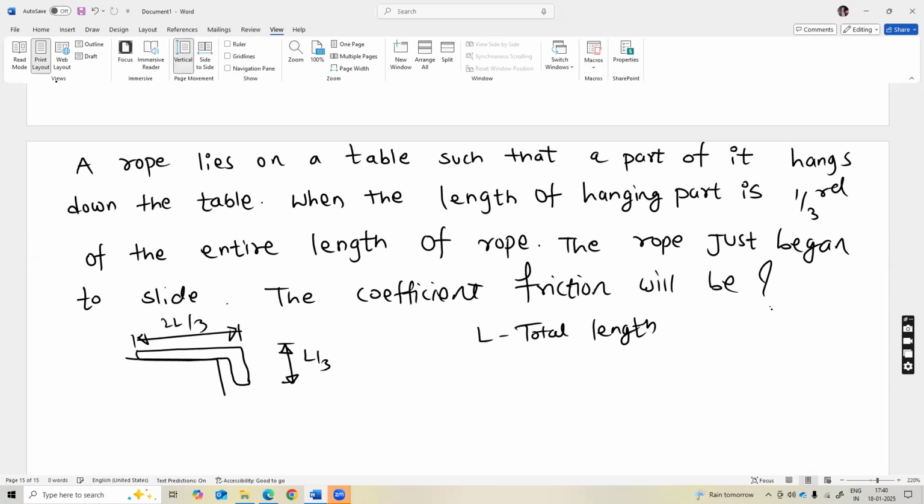In the earlier question you saw that when the rope starts sliding, mu will be greater than or equal to the hanging part divided by the non-hanging part, the remaining part. Therefore, mu should be greater than or equal to 0.5. So that will be the answer. It was a similar question.